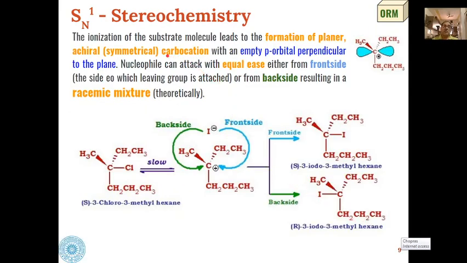Then there is stereochemistry. Here the stereochemistry of SN1 reactions is opposite to what we have seen in the case of SN2.